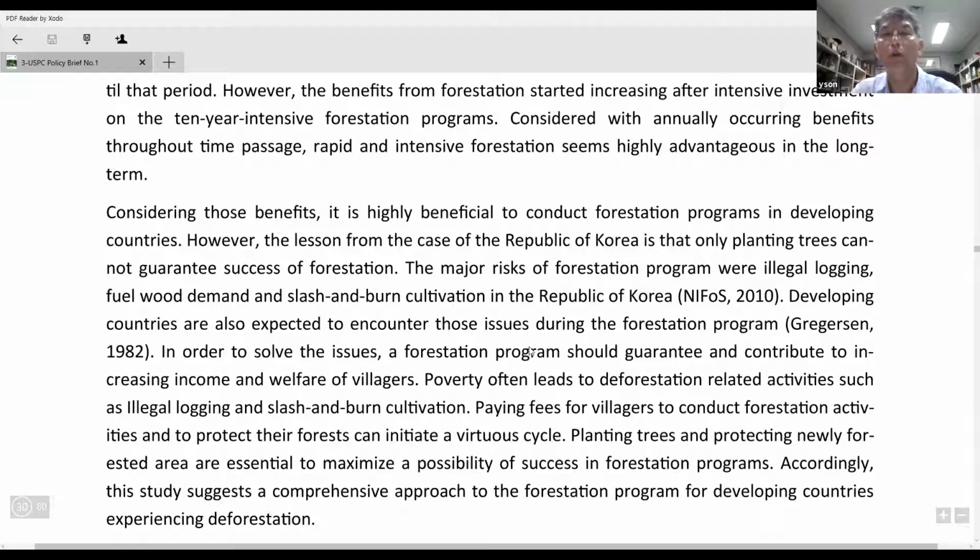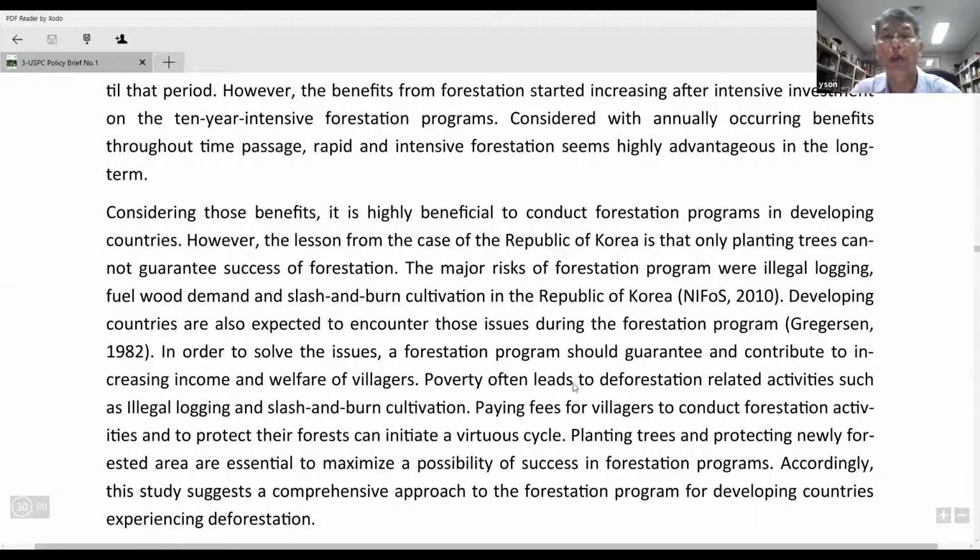Therefore, you need to have a strong policy to protect and manage the forest after reforestation. A reforestation program should guarantee and continue to increase the income and welfare of villagers. So we should consider the incomes and welfare of local people.